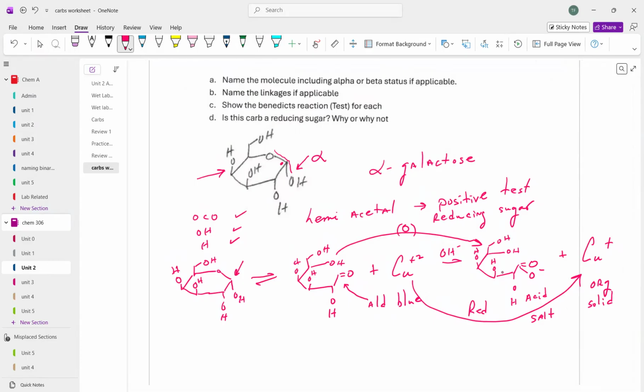It goes aldehyde, hemiacetal, acetal, and those are two-way. Frequently they're separate molecules, but with carbohydrates, they're cyclic and they're in the same molecule.